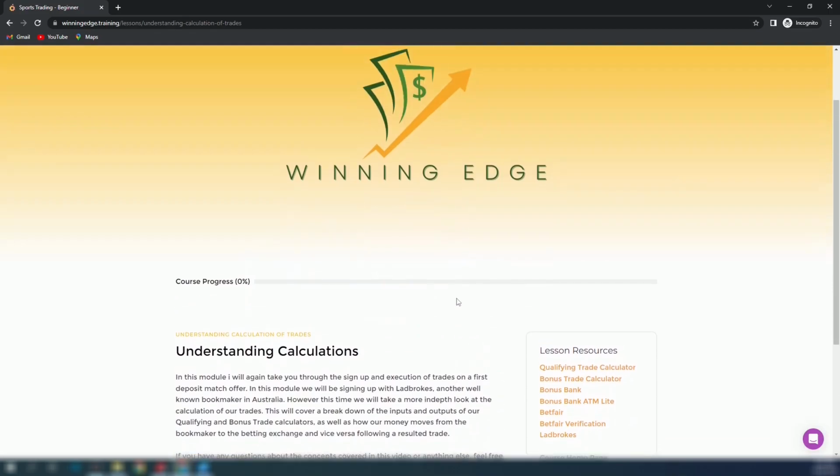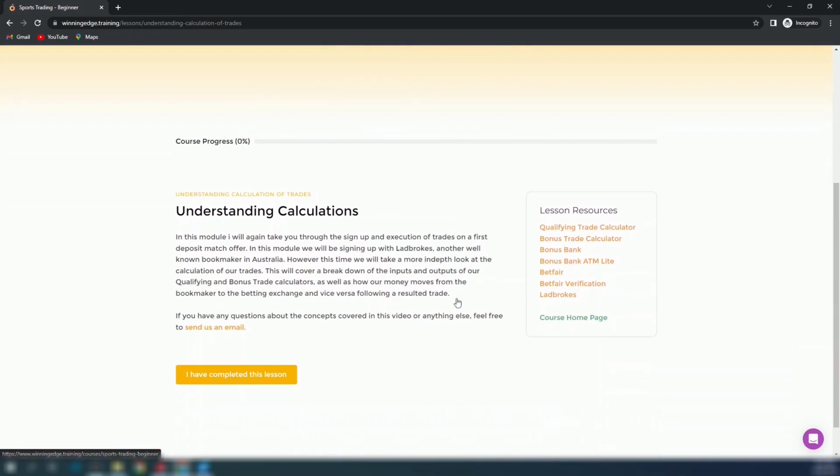In this module, we'll be doing another sign up and first deposit match offer, and we'll be doing it on another well-known bookmaker in Australia, that is Ladbrokes.